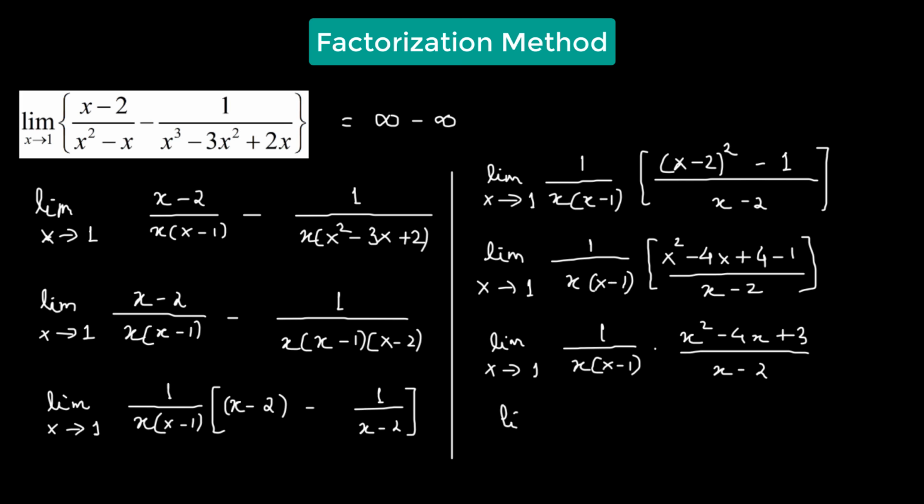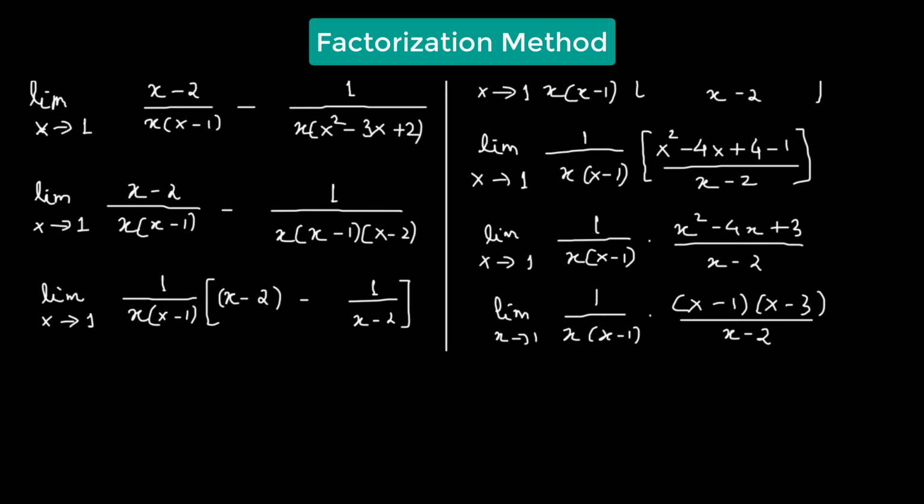Now we are going to factorize the numerator. So we have the limit as x approaches 1 of 1 over x times (x minus 1). Factorizing the numerator will give us (x minus 1) times (x minus 3), divided by x minus 2.